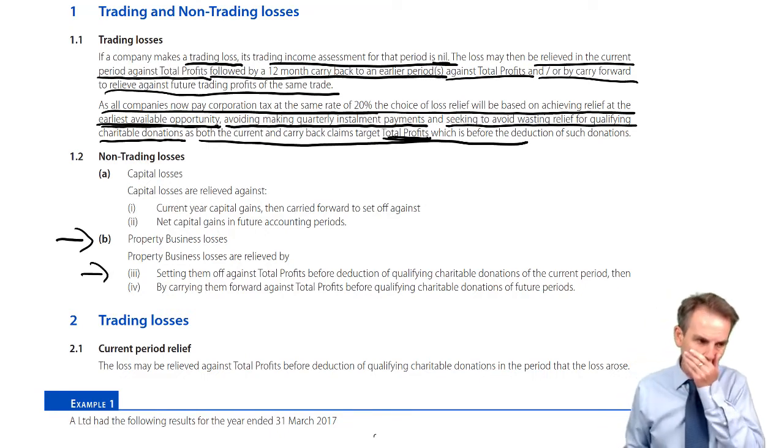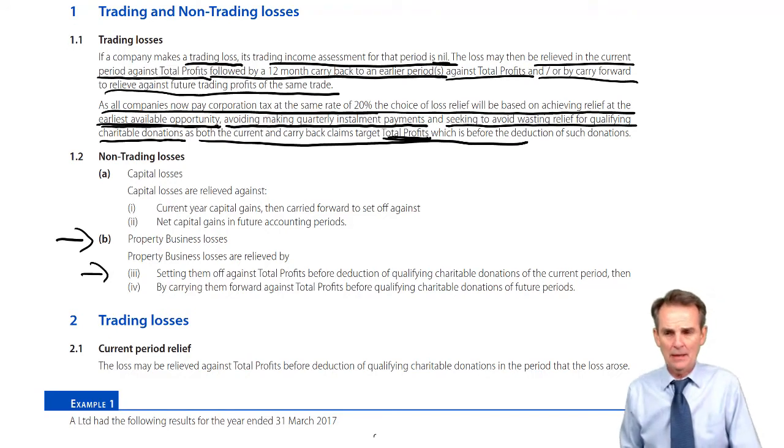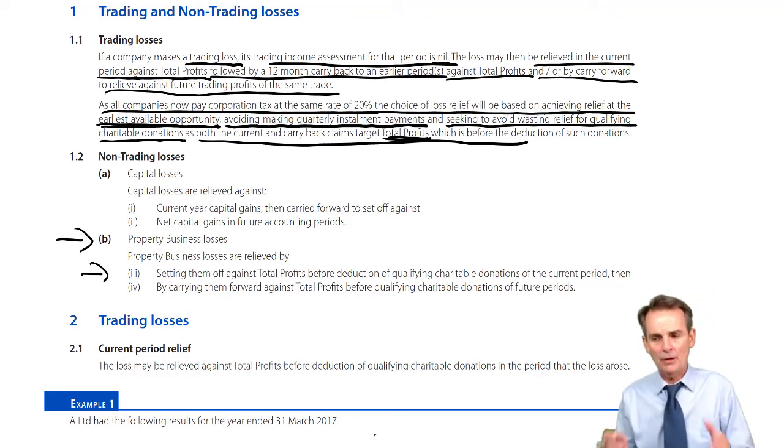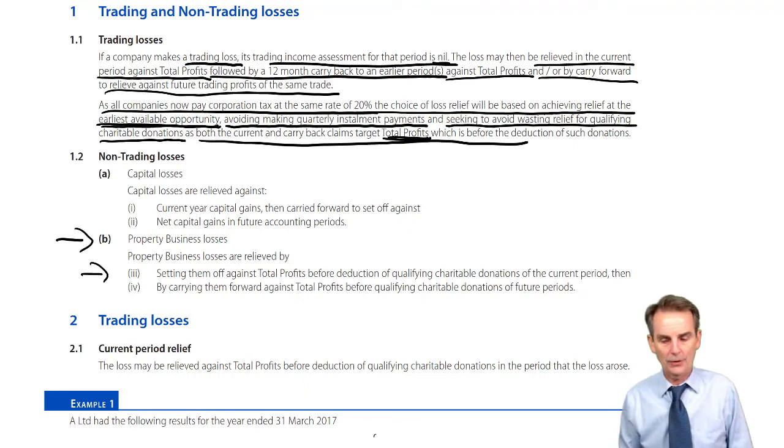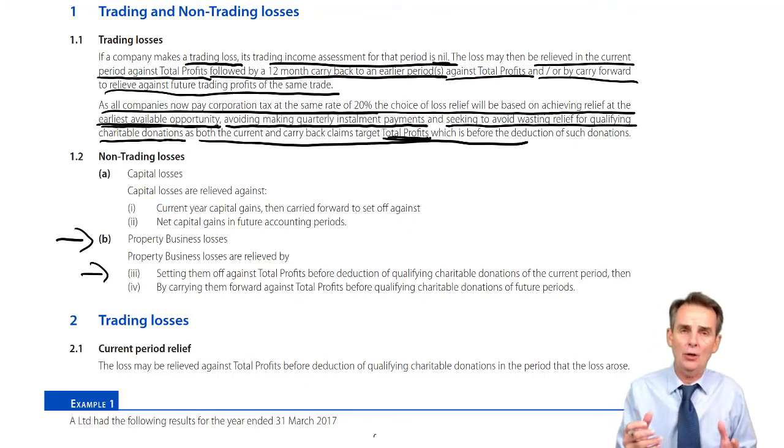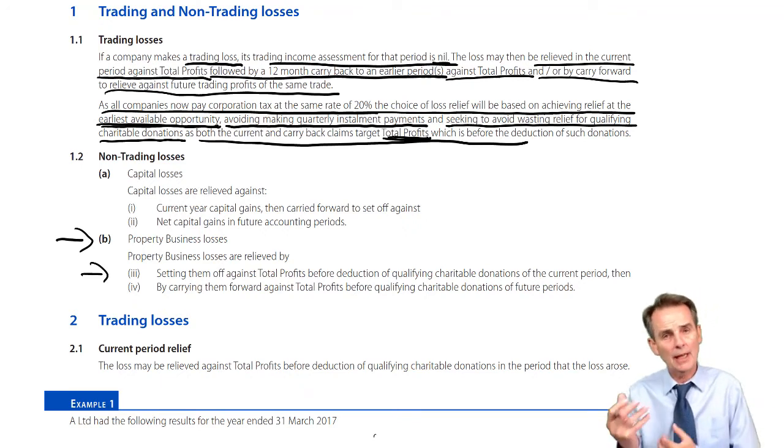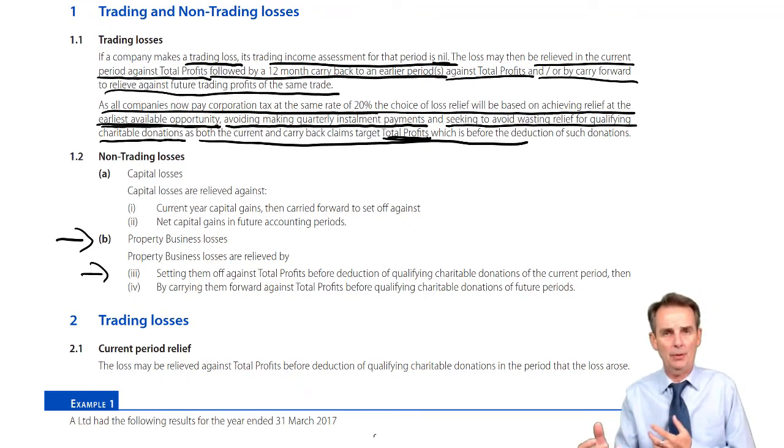Capital losses, well, to an extent we've seen this, because what we already know is for the corporate tax computation for the current chargeable accounting period, what we must do is to net off any capital losses against the chargeable gains of the period.